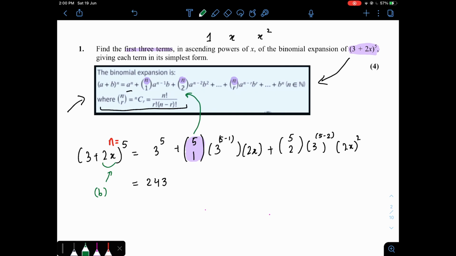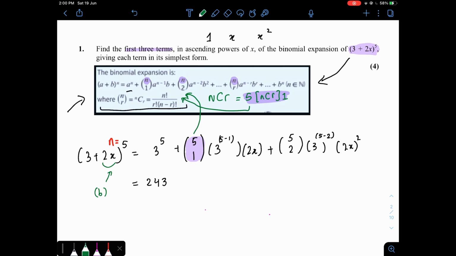In the calculator, there is a button that gives you nCr. All you have to do is punch in the number 5, this nCr button, and then 1. What that does is it does this calculation, which we can do manually, for us.